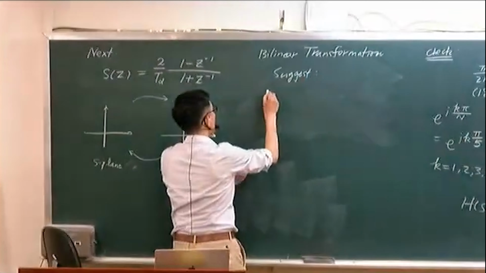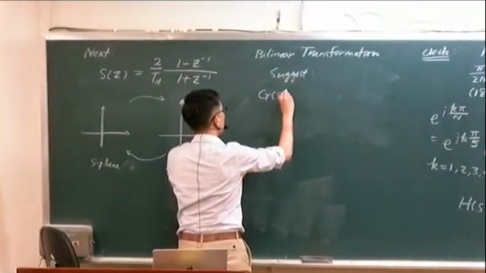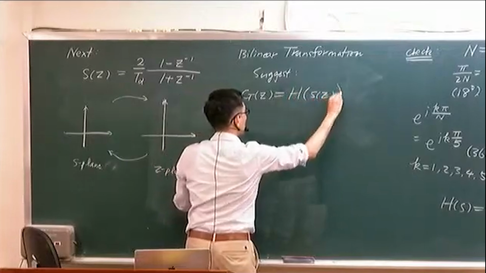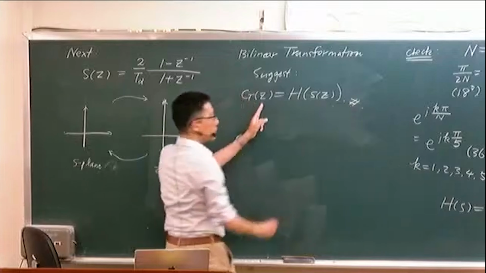My suggestion is that we define a G of Z as H of S of Z. And period. That's a design.